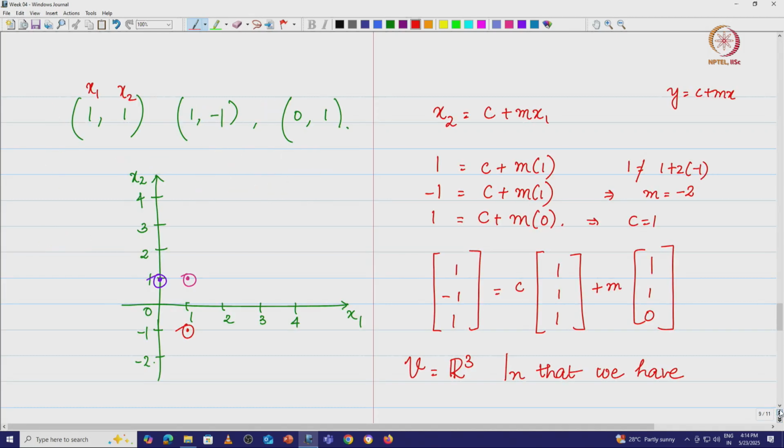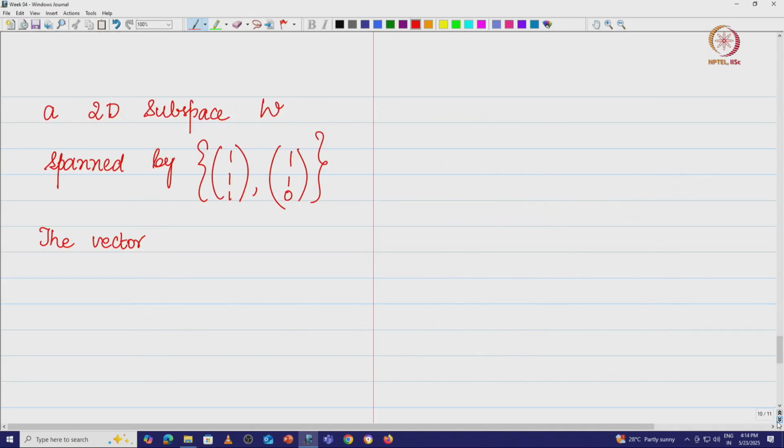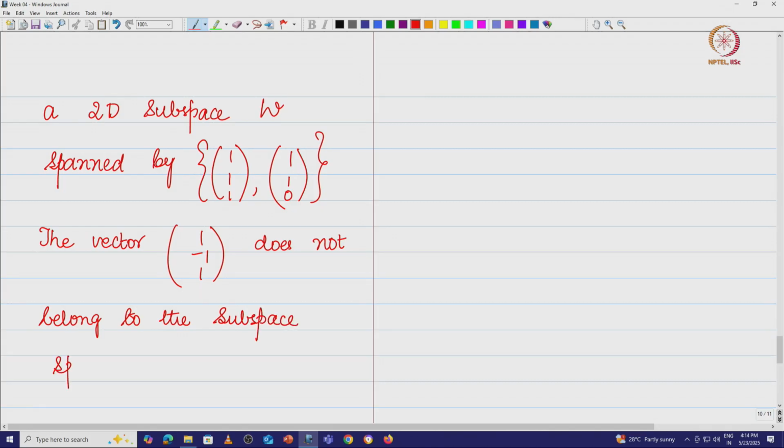What we see is that the vector (1, -1, 1) does not belong to the column space of A, the subspace spanned by (1, 1, 1) and (1, 1, 0).